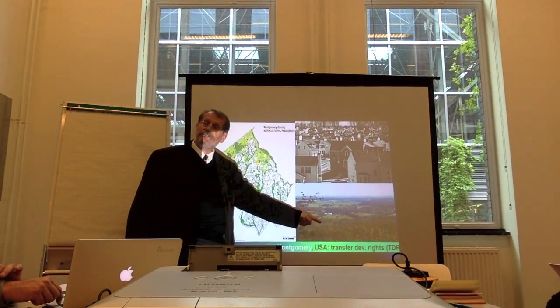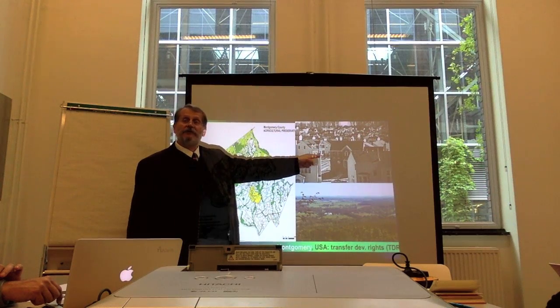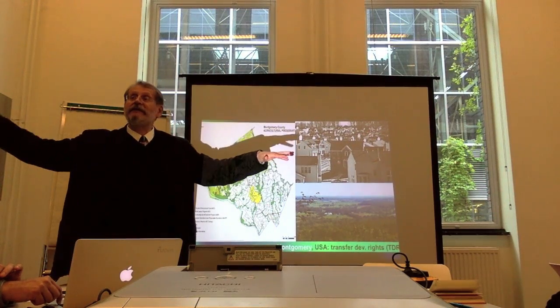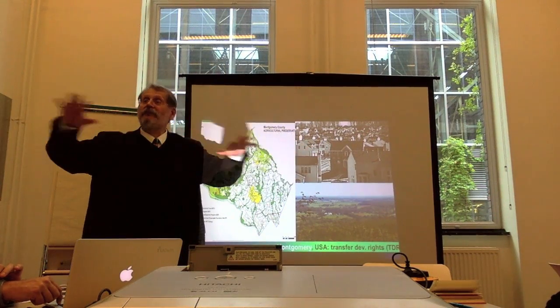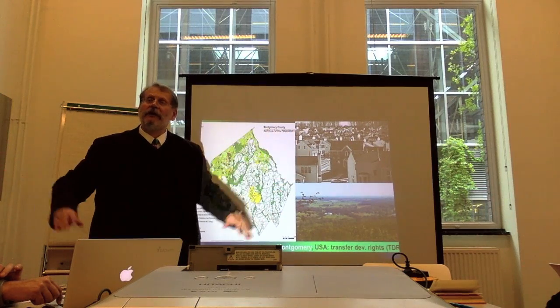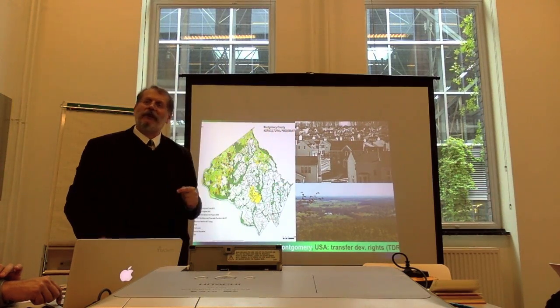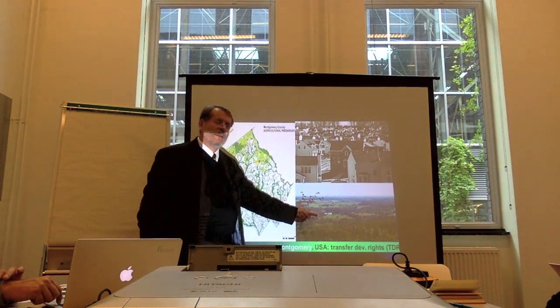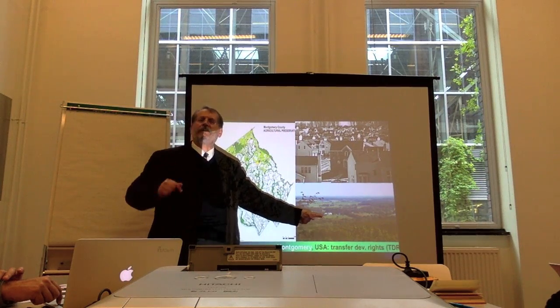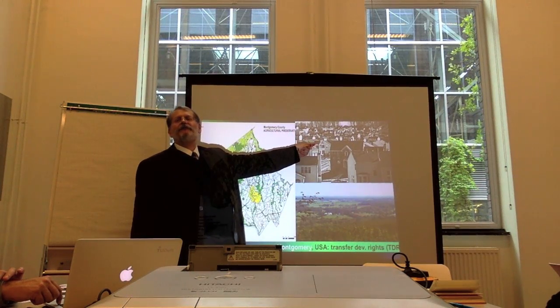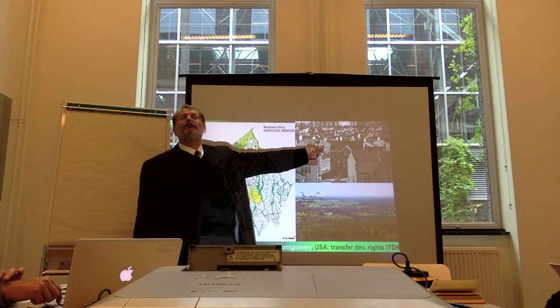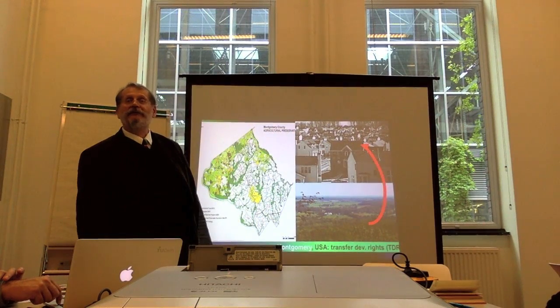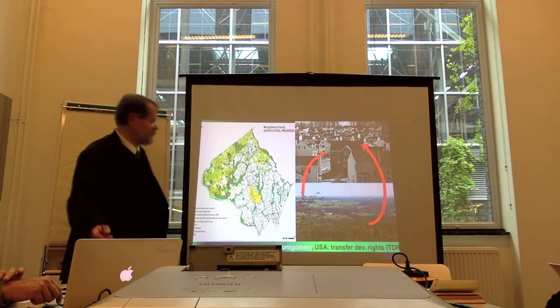And that's the way you can reserve, and you can allow this to go. You are equalizing rights. Costs and benefits are shared between everybody. If you don't have this in your planning system, you will have these guys fighting against you. And these will be very happy because they got the higher density for free. Okay?